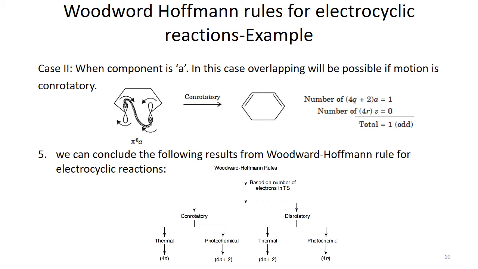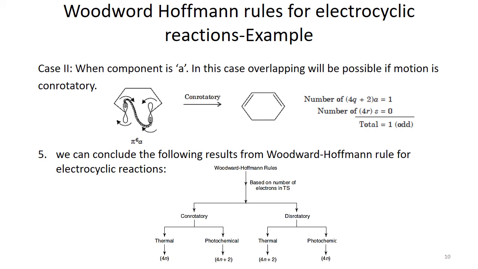But for pi 6 antarafacial interaction, we have to move the orbitals in a way that forms a sigma bond. They have to move in the same direction, either clockwise or anti-clockwise, and we call it conrotation. After conrotation, they can form a sigma bond. But in this case, the number of 4q plus 2 antarafacial components is 1, and the number of 4r plus 2s components is 0. So the total number is 1.